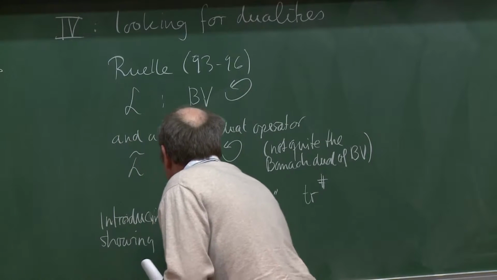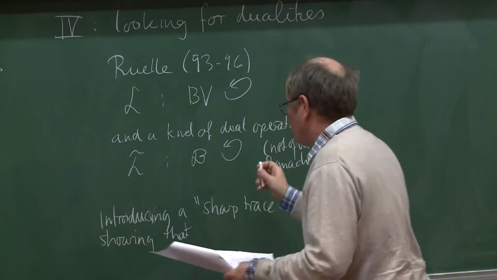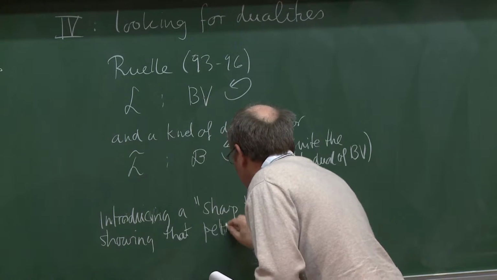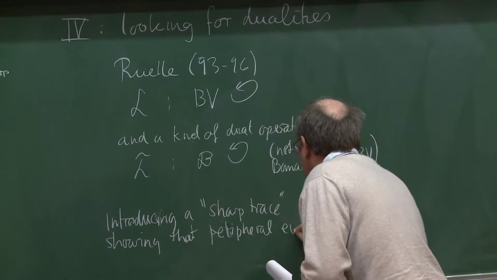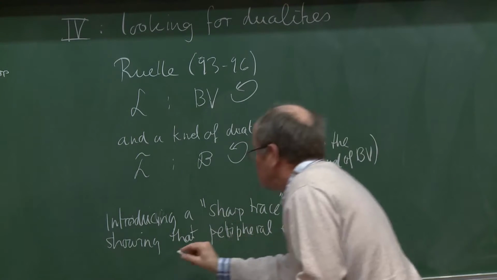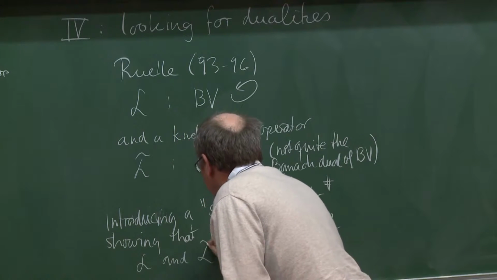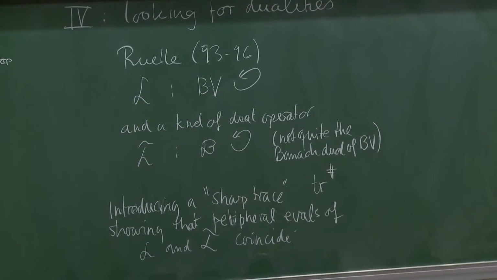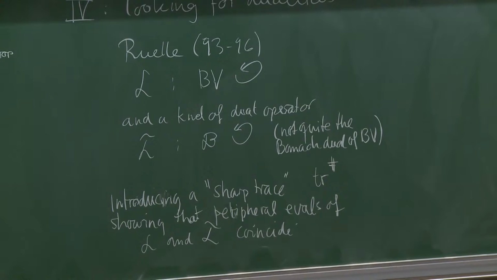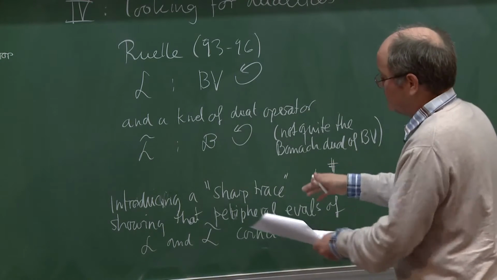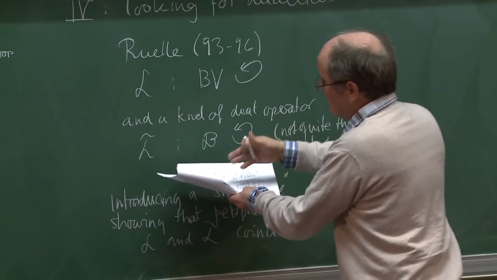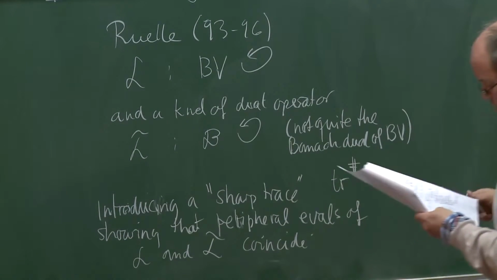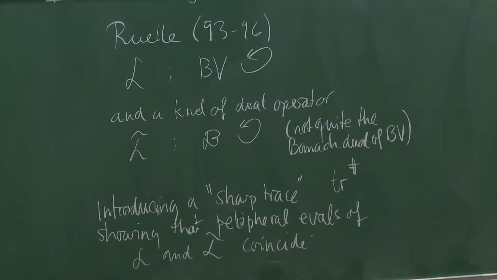Showing that, say, let's call it peripheral eigenvalues of L and L tilde coincide. Again, this is a little bit of an indirect approach, but still, you can actually obtain some information. If you know something about the essential spectral radius for this, for instance, you can deduce something about this without doing the first calculations.